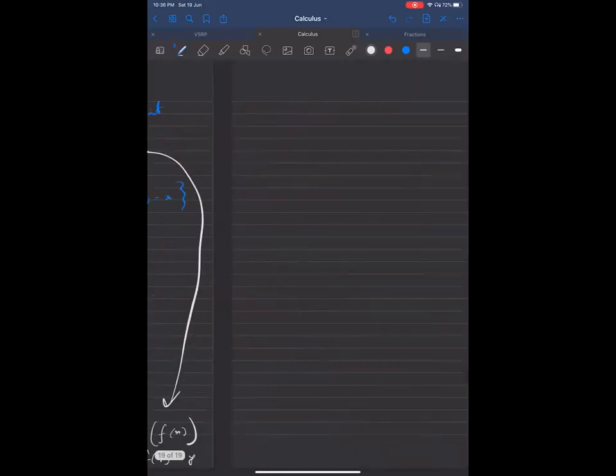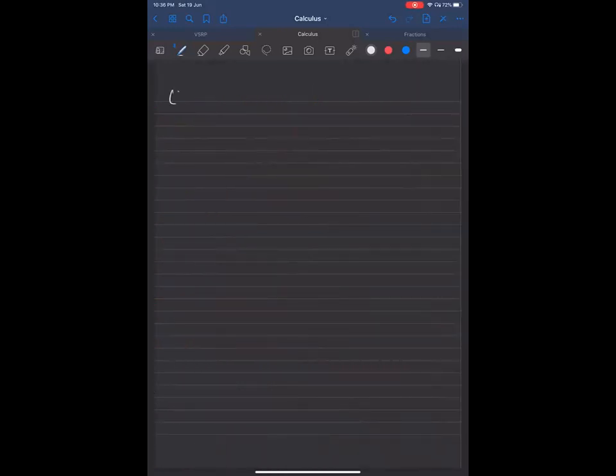Now we also want to prove the converse, that E of f is also a subset of the range. How do you prove that? So let x be in E of f. That implies f of x is equal to x.